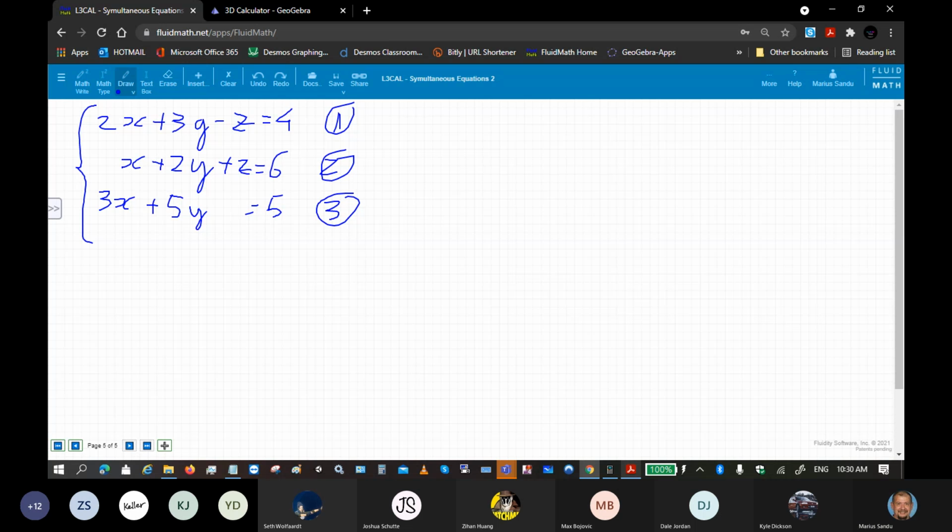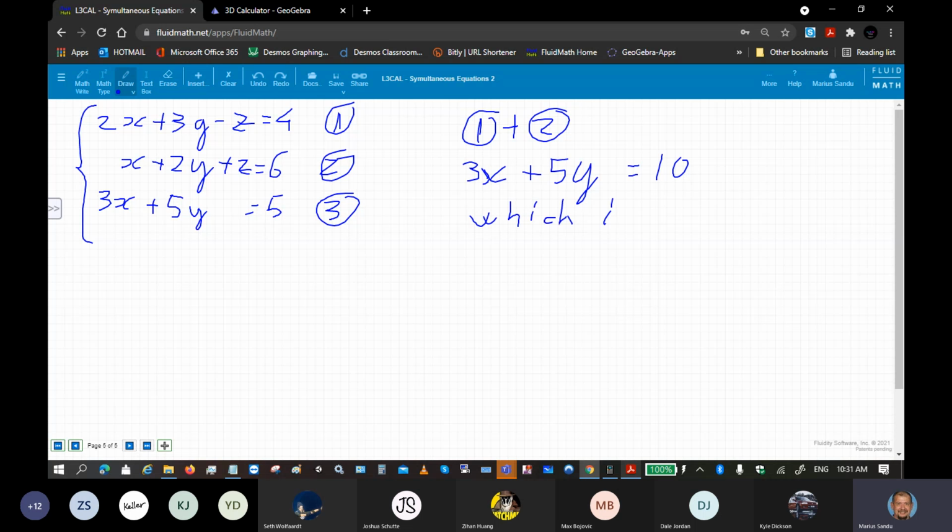So if I add 1 plus 2, yes, 1 plus 2 will give me 3x plus 5y minus z plus z, 0, is equal to 10, which is parallel to number 3. Yes.